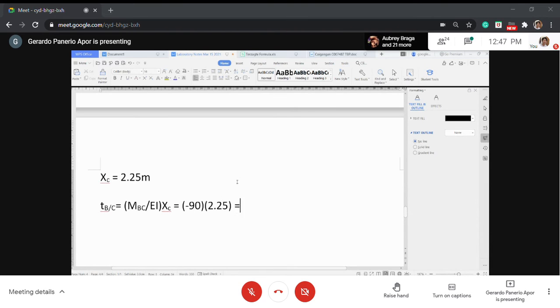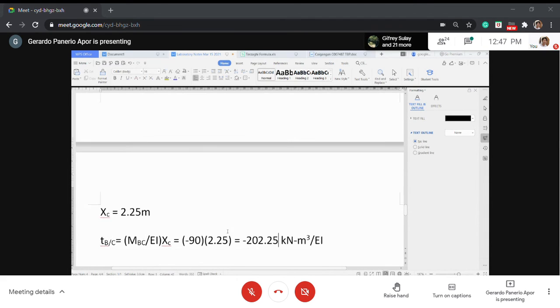That is equal to, the unit here is kilonewton meter cube over EI. Okay, so 90 times 2.25, you have minus 202.25.